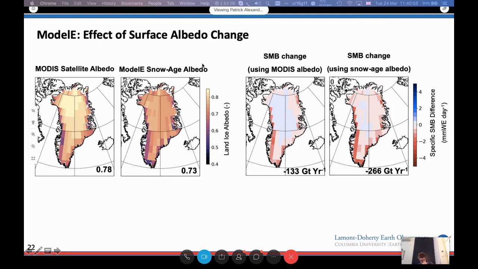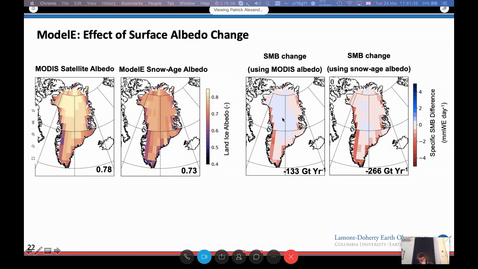And we also use this snow age dependent scheme in Model E. That actually produces a similar pattern to what we have in the satellite data, but the albedo is also too low. This is possibly because this scheme was developed for areas outside of ice sheets where there are more impurities. That would explain why there's too much aging and low albedo in the simulations.